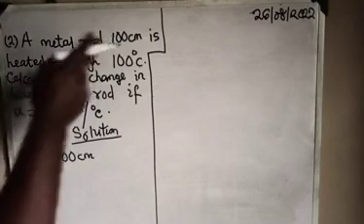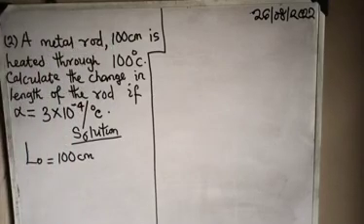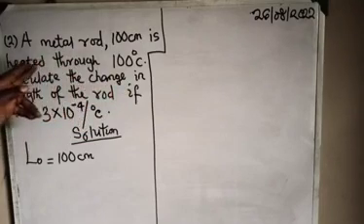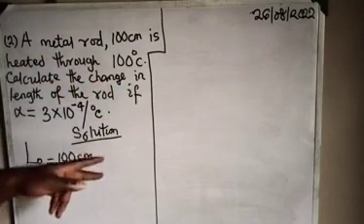Now look at that word: is heated through 100 degrees Celsius. That means the original temperature is 0, while the final temperature is 100, because they did not give us any original, but they gave us the final.